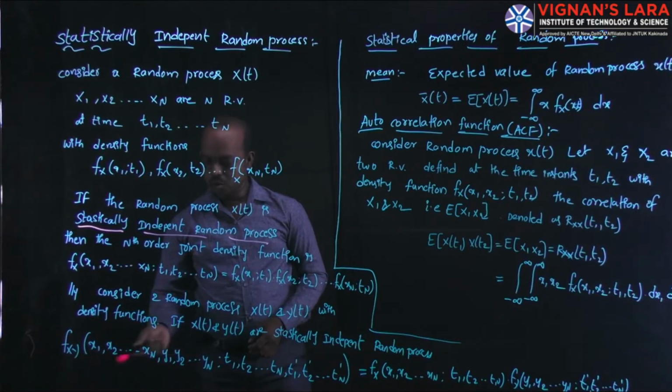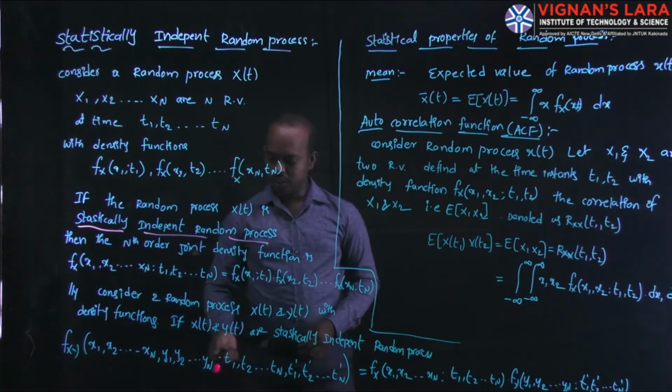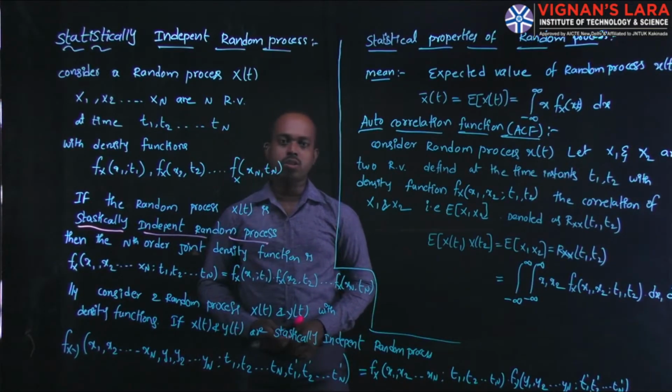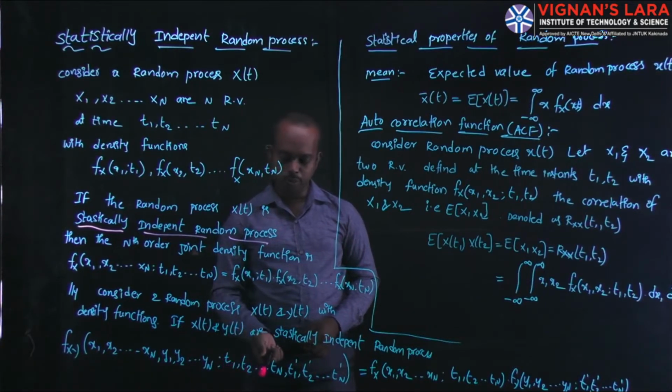These belong to the random process x of t, and y1, y2 up to yn relate to the random process y of t, and the times of x of t are t1, t2 up to tn.